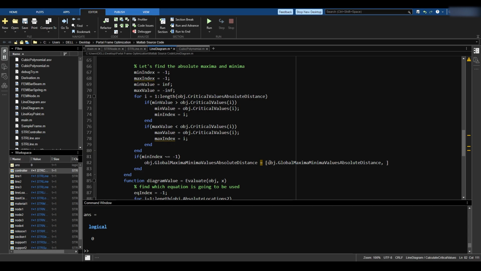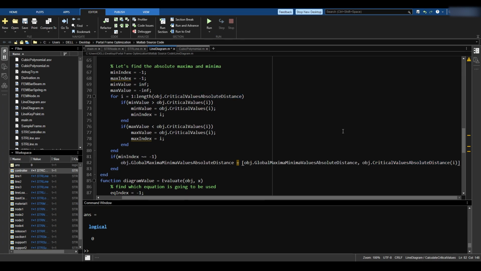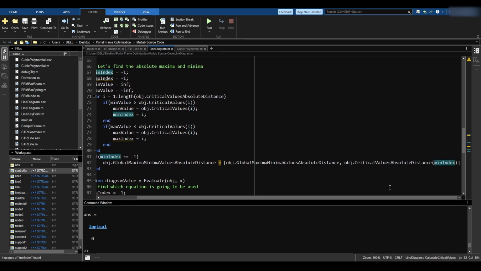That's a very, very long one. We add to it the new distance. So we take this, we put it here, and we take it at I. So we add the distance. No, not at I. At the, this is distance, right? So we add the distance at the minimum index. Yes, that's true.